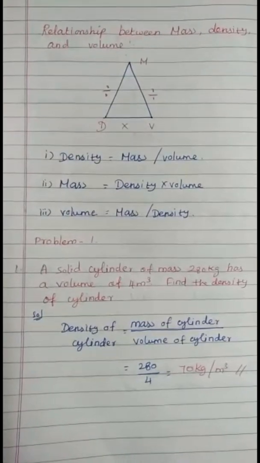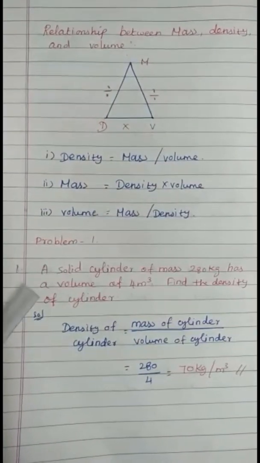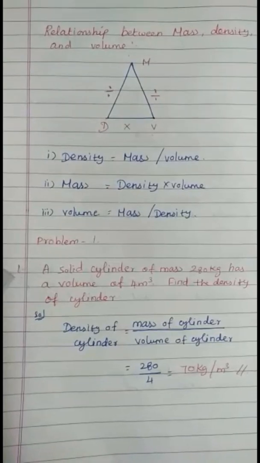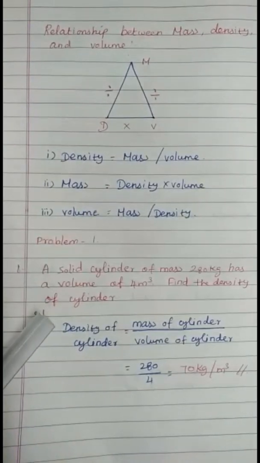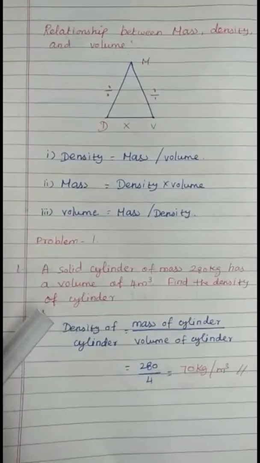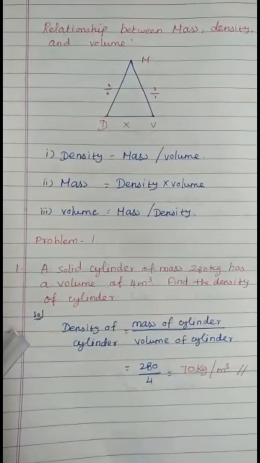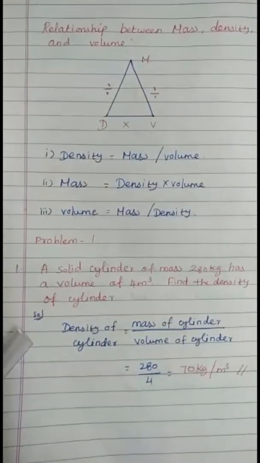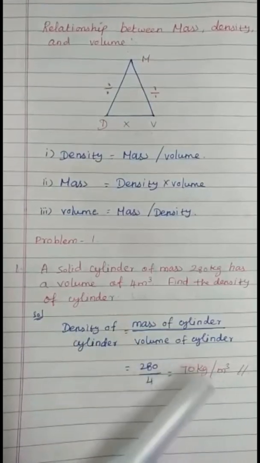Now we are going to see some problems. First problem, a solid cylinder of mass 280 kilogram has a volume of 4 meter cube. Find the density of the cylinder. What is the formula for density? Density of cylinder is equal to mass of cylinder divided by volume of cylinder.